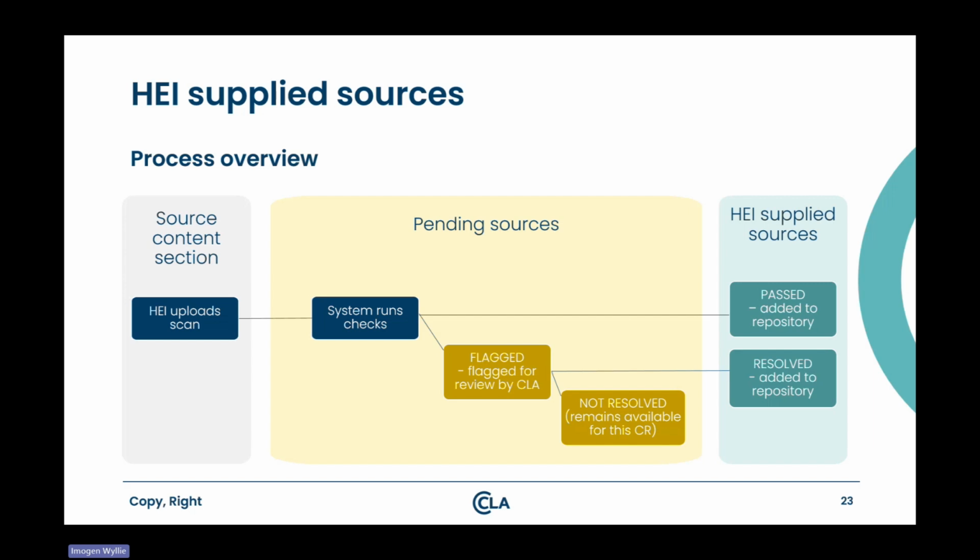However, if it finds anything that it glitches on, then it will be flagged for review by CLA, which means Monica and Stephen. So they will then go into our back end, and hopefully they can resolve it, and then it moves on and it's available to everybody.